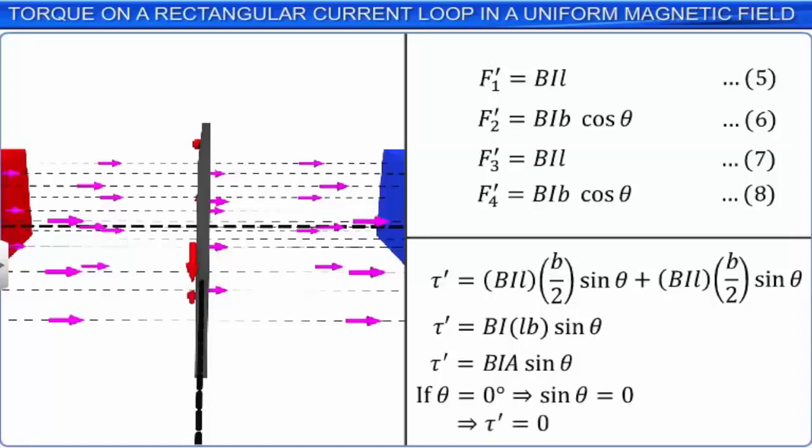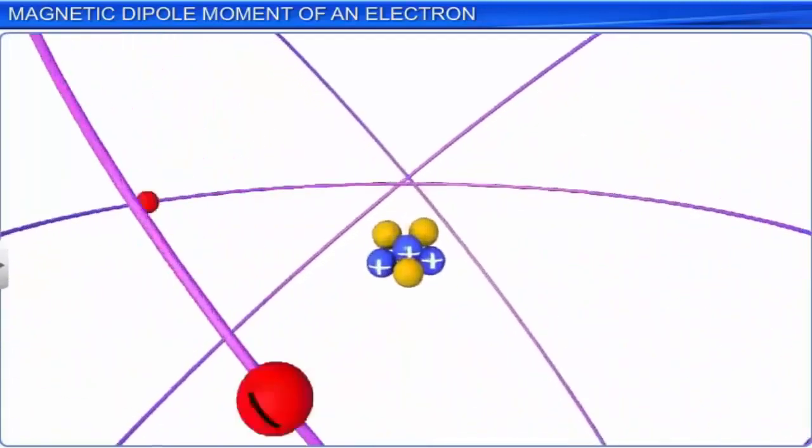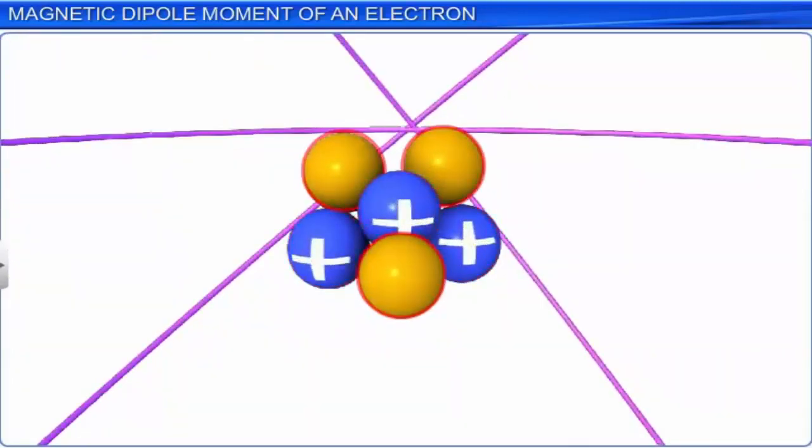We know that, according to Bohr's atomic model, electrons in an atom revolve around the nucleus in circular orbits. The nucleus contains protons and neutrons. Protons are positively charged particles, whereas neutrons do not carry any charge.